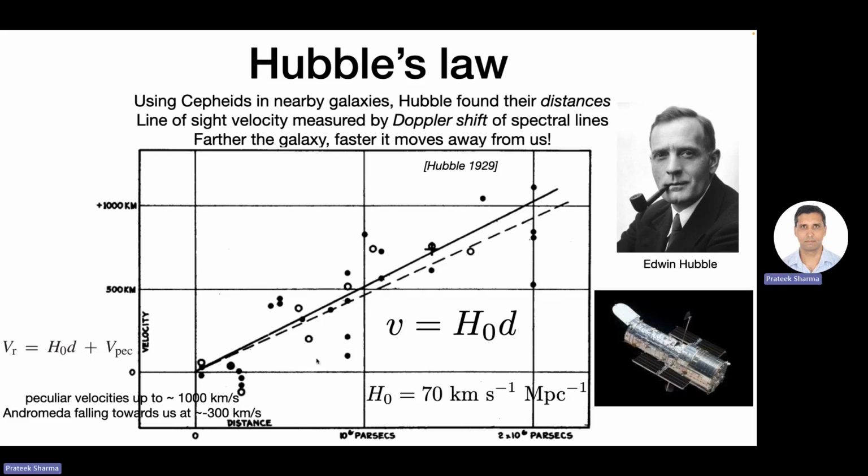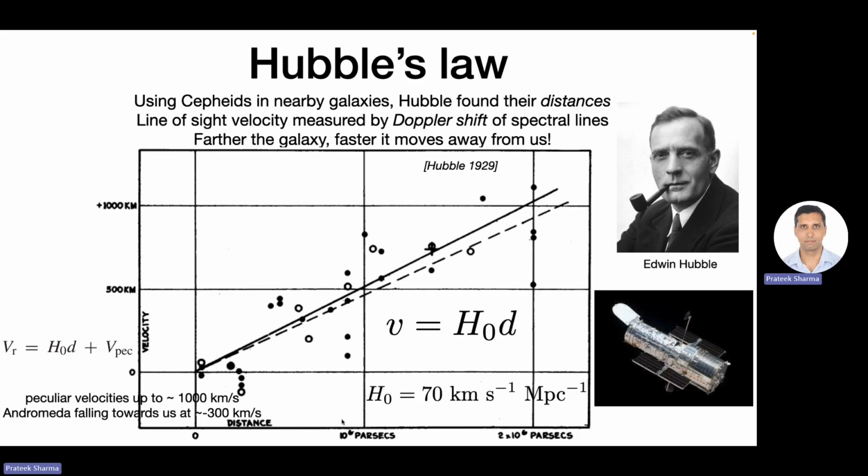So you see v versus distance, and this is distance in parsecs. These are the data points. This is 0. So positive means the galaxies are moving away from us. And there are some galaxies which are falling towards us. They have a line of sight velocity which is negative. But the farther you go, almost all of them are going away from us, right?